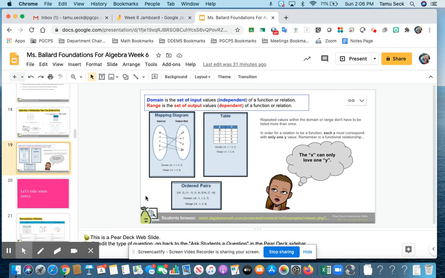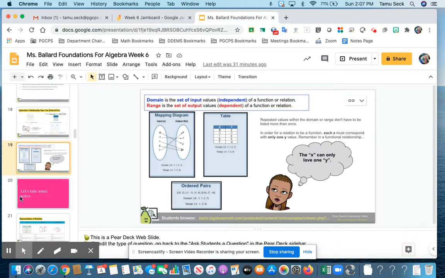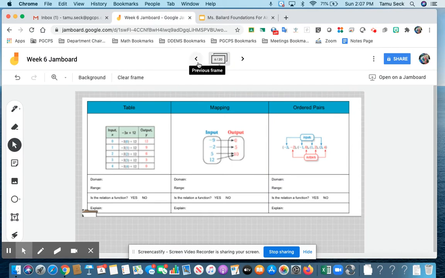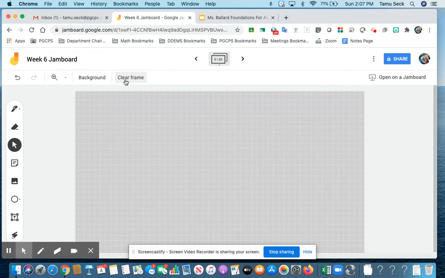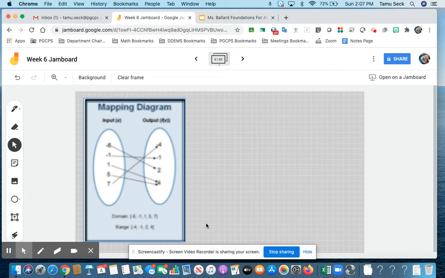I would like us to take some notes on one of these. So let's look at what domain and range mean for this.